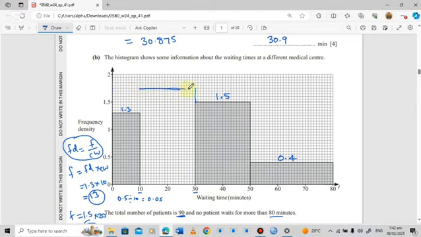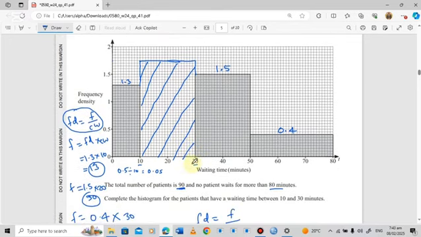The recording software I'm using doesn't have that feature, so you use a ruler. So now you just shade. So this is the missing bar that they wanted you to draw. So it means you have completed this histogram.